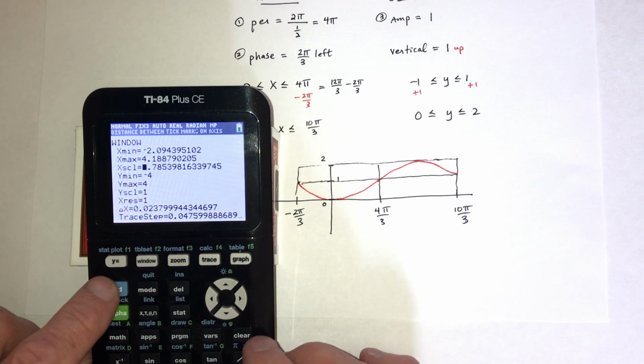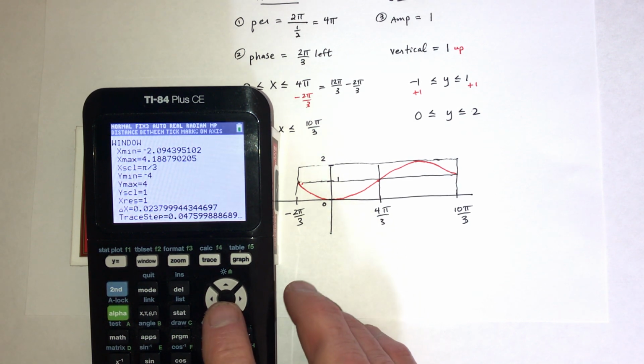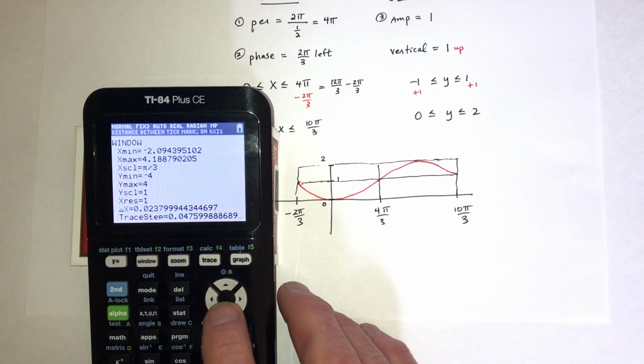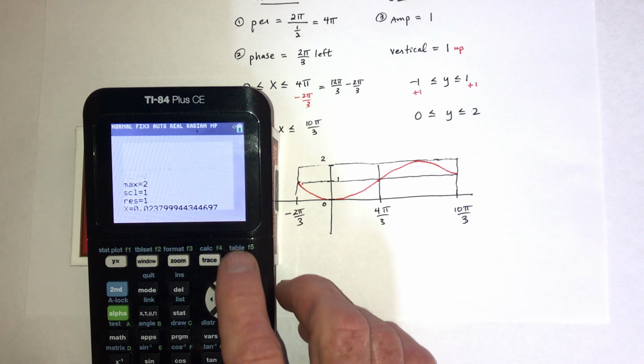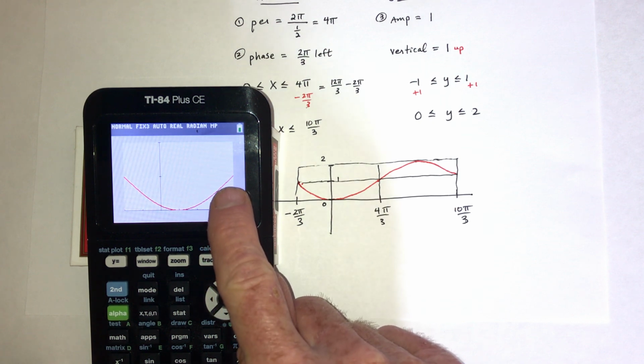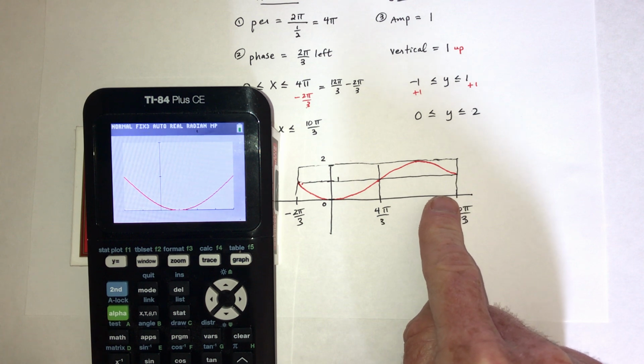And these could be pi divided by 3. That part right there is not extremely important, the scale. The y values from 0 to 2. And then it should look like the inverted sine graph. It goes down first, and Houston, we have a problem, because that is not the whole graph.